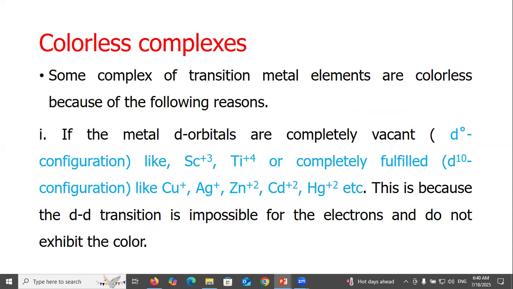If the metal d orbitals are completely vacant, d0 configuration like scandium 3+, titanium 4+, or completely filled d10 configuration like Cu+, Ag+, Zn2+, cadmium 2+, mercury 2+, etc. This is because the d-d transition is impossible for the electrons and they do not exhibit color.